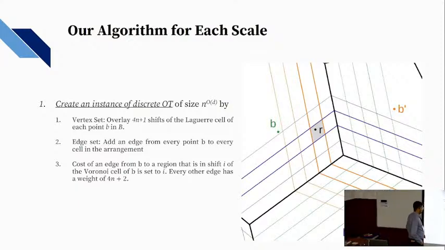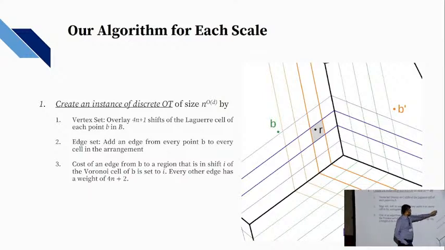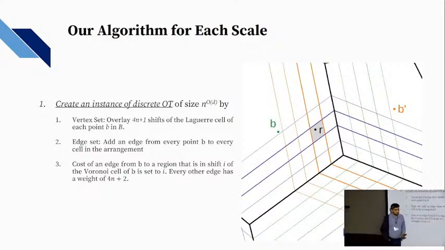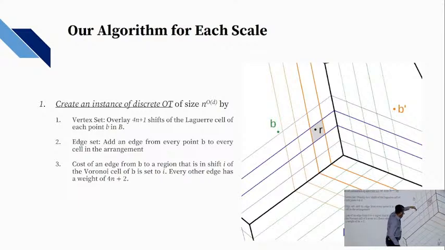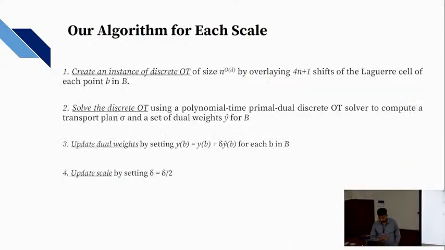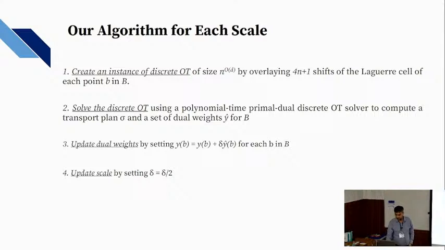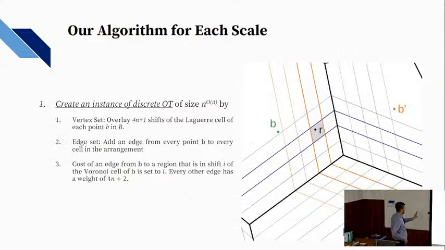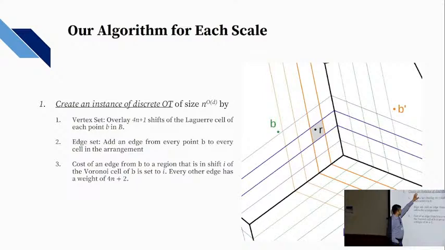And if a cell is outside of all of the 4n plus 1 shifts, then I'll just give it a weight of 4n plus 2. So if anything is in this region outside of the 4n plus 1 shifts, the edge between B prime and that particular cell will be 4n plus 2. Okay, so this is how I discretize. I create my instance of discrete OT of size n to the O of d.